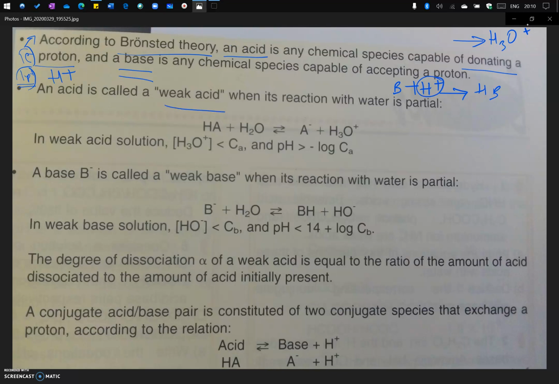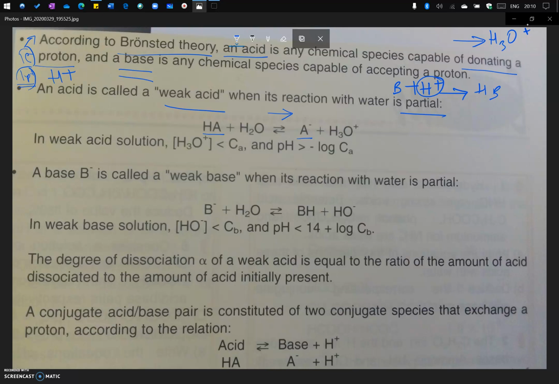An acid is a weak acid when its reaction is partial, not total. So HA plus H2O, instead of a total reaction, we have a partial or limited reaction. It gives A- plus H3O+, because the HA will lose H and what is left is A-.